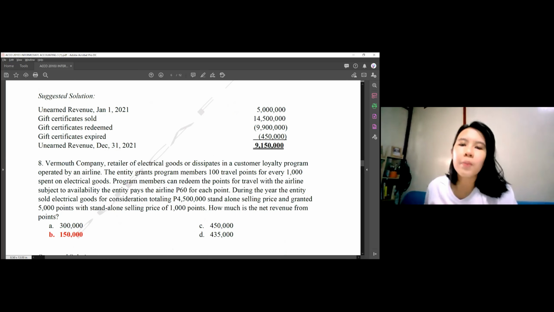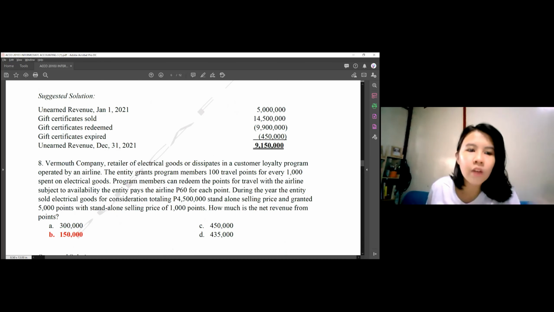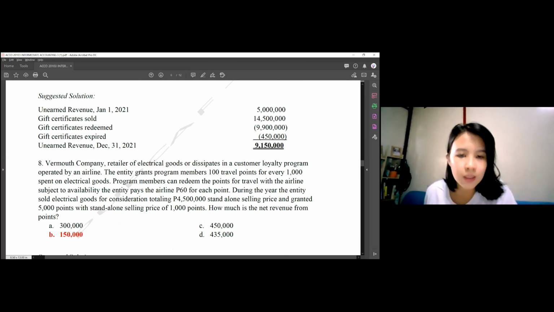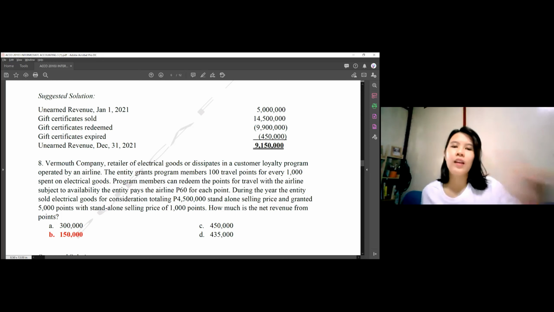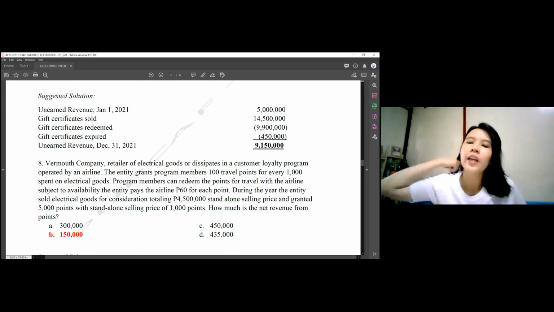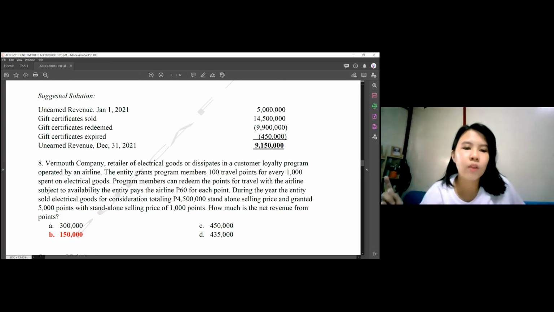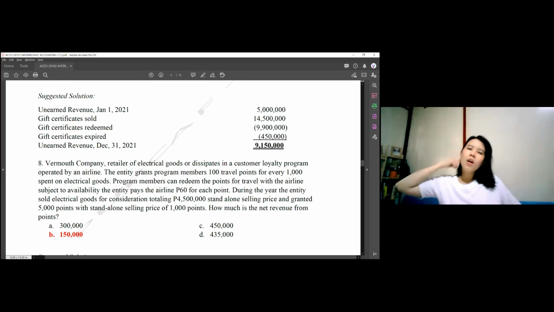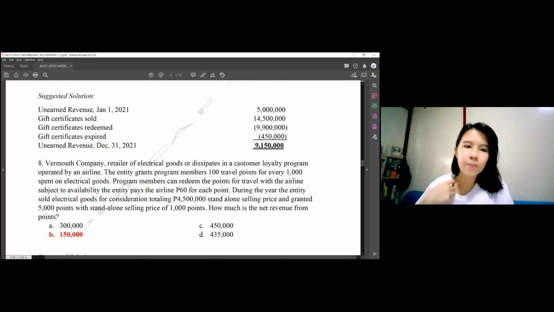Program members can redeem the points for travel with airlines subject to availability, the entity pays the airline 60 pesos for each point. During the year, the entity sold electrical goods for consideration totaling 4.5 million. Okay, note that, 4.5 million. So, that is the standalone selling price. Okay, great. And granted 5,000 points with standalone selling price of 1,000 points. Okay. So, how much is the net revenue from the points?